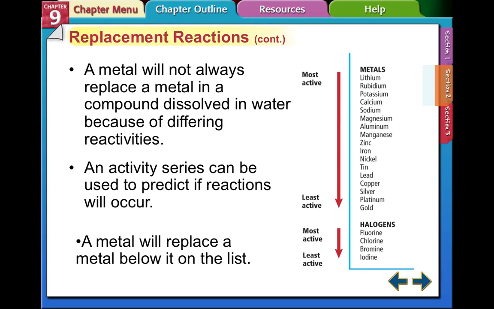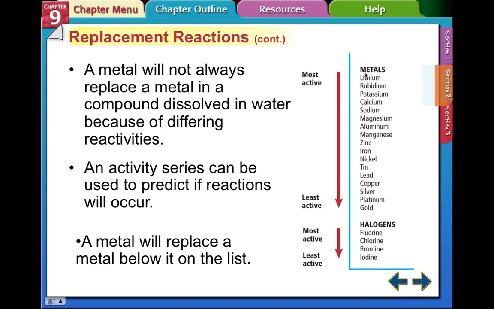A metal will not always replace a metal in a compound dissolved in water because of differing reactivities. So it's a good idea to have an activity series chart to look at to see which elements are more reactive.